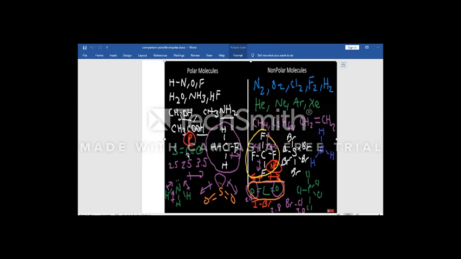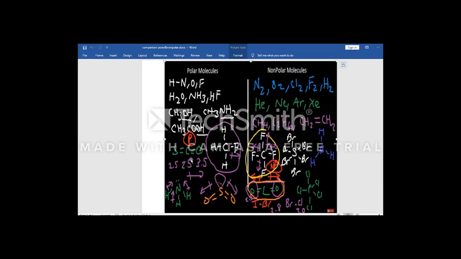Also, we can look at COS. We note that the electronegativity of S is 2.5 and C is 2.5. So the difference is 0, so it is nonpolar.